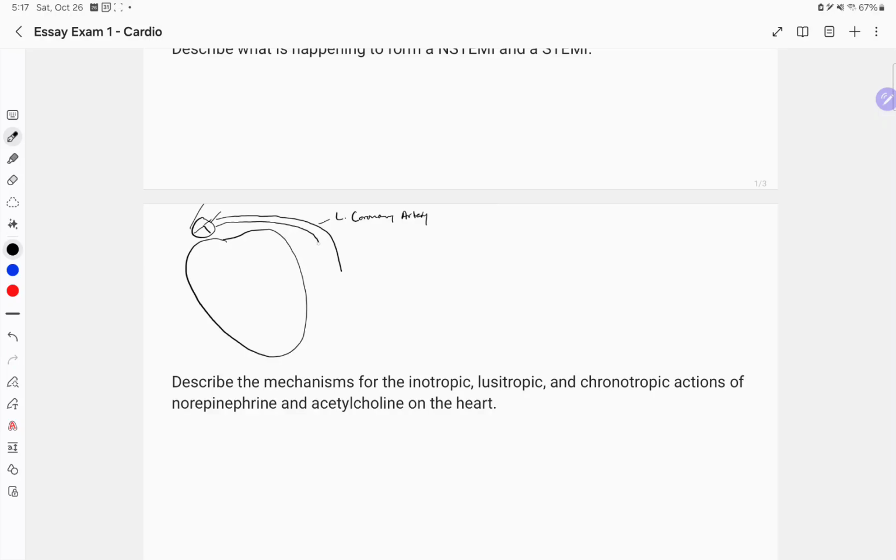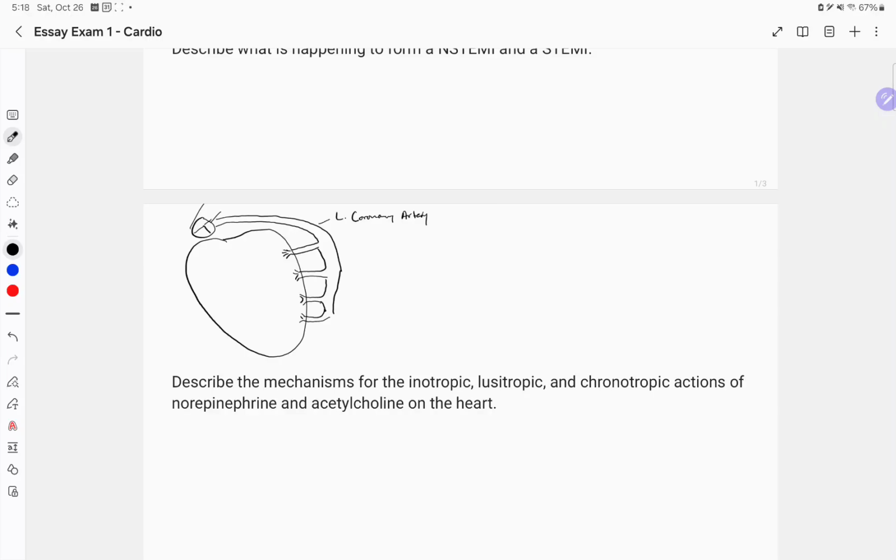So we have these arteries that are going to be branching off the coronary artery, and it's again going to be supplying oxygen to the heart. Okay, so if you think about this blood flow coming down, right?